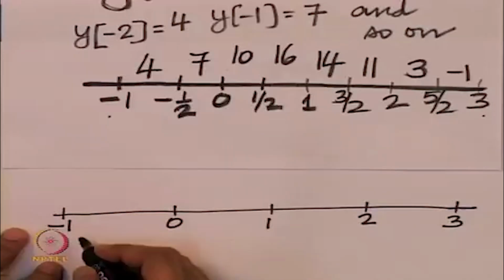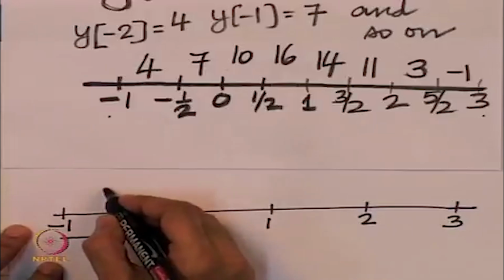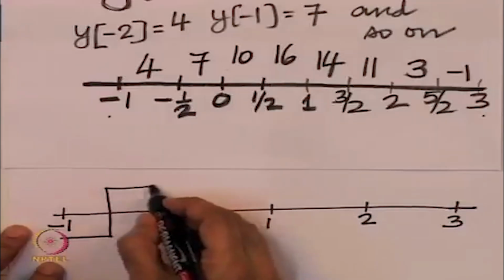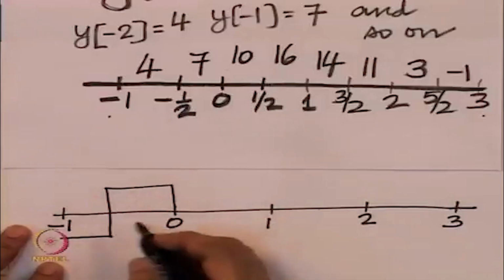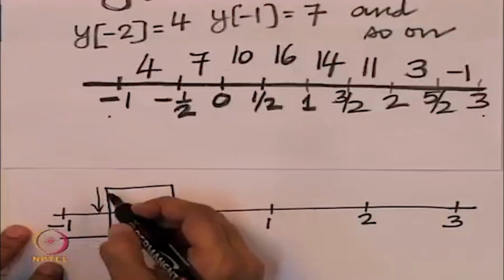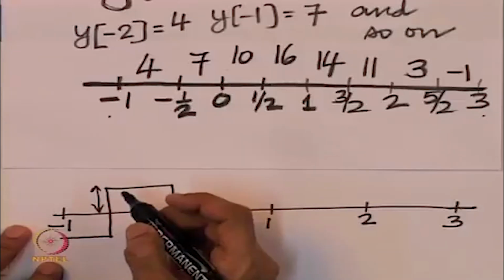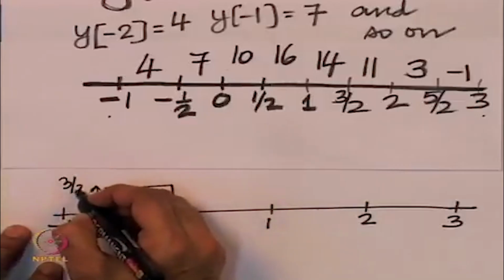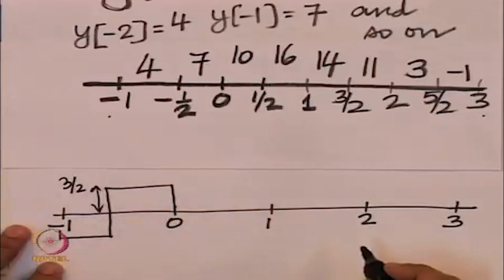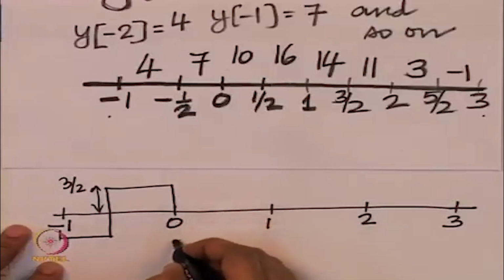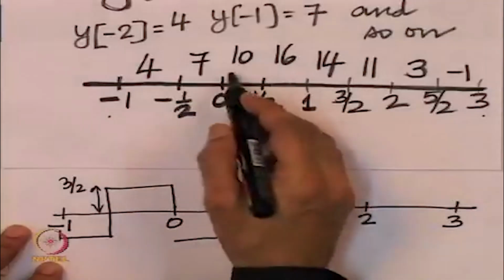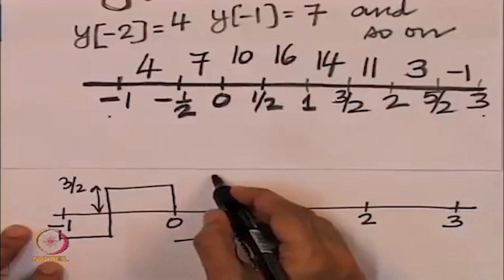So, between minus 1 and 0, I am going to use a proper translate of psi t with a height given by 4 minus 7 by 2. So, this height is going to be 3 by 2, of course, with a negative sign. Between 0 and 1, it is again going to have a negative sign, and the height is going to be 10 minus 16 by 2, that is 6 by 2.